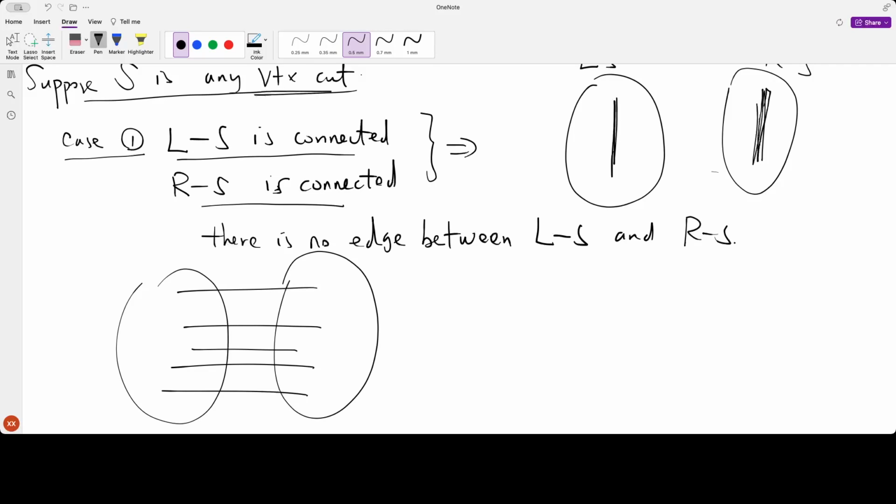It means that each edge, if I call it U and V, either U is deleted or V is deleted. If both U and V belong to L minus S and R minus S, then this edge is kept.